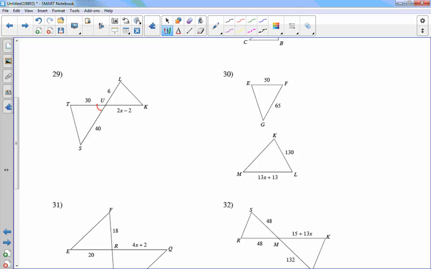Angle TUS and angle LUK. What type of angles are right there? They're vertical angles. So are those congruent? Yes, they would have to be congruent. Those angles are congruent. I should also know that because they're similar, all corresponding angles are congruent in similar figures. Okay, so we need to find x.